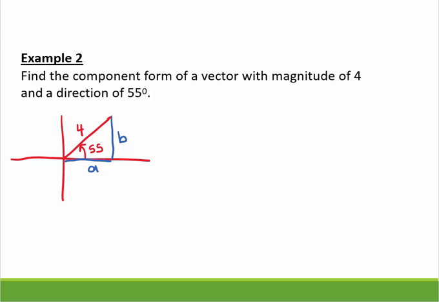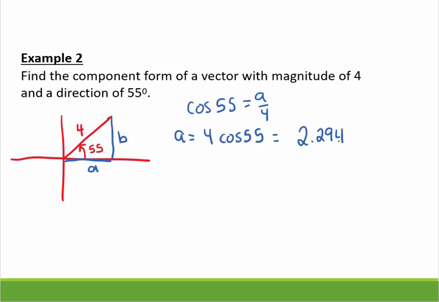I'm looking at 55 and a, and that's going to be the cosine. Cosine of 55 is equal to a over 4, so a is equal to 4 cosine of 55, and finding that in my calculator I get 2.294.